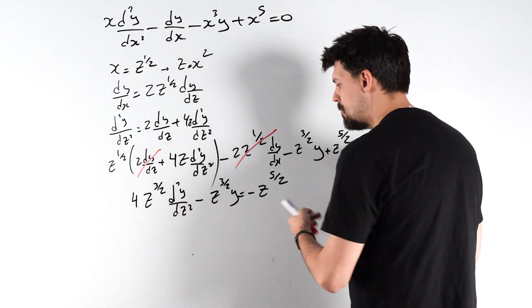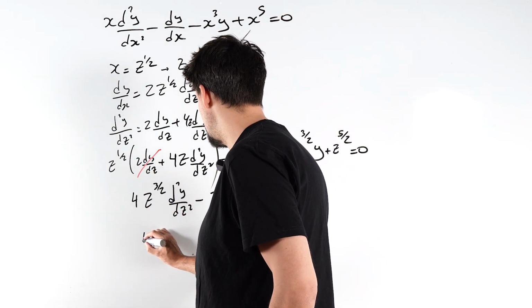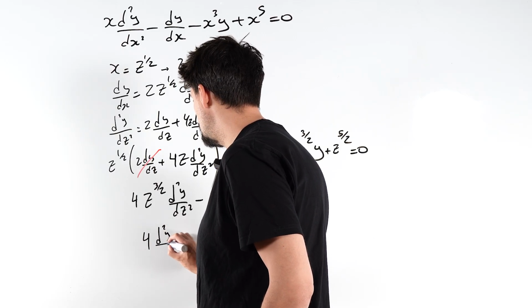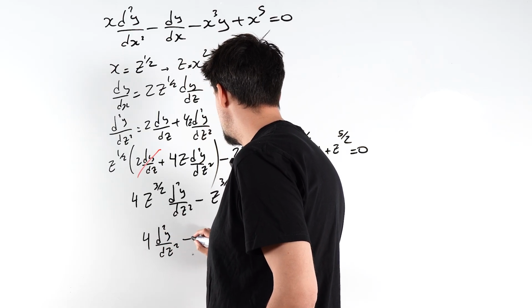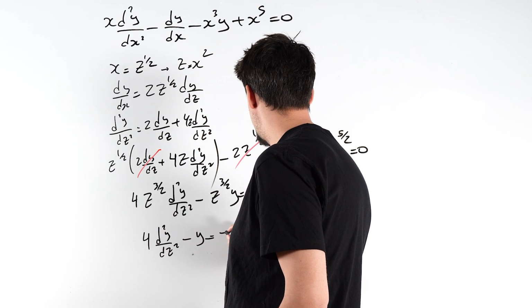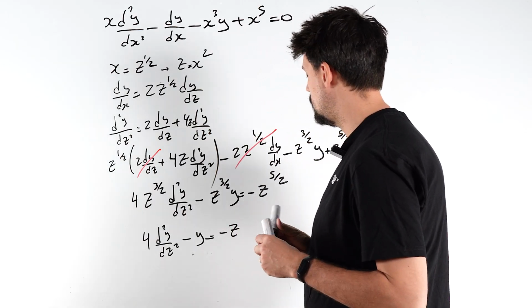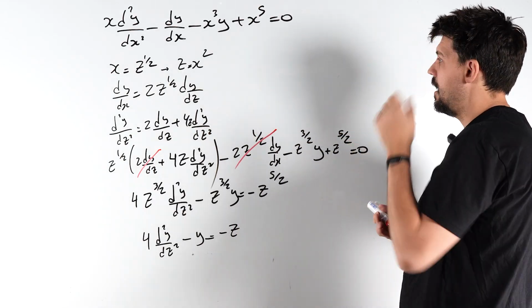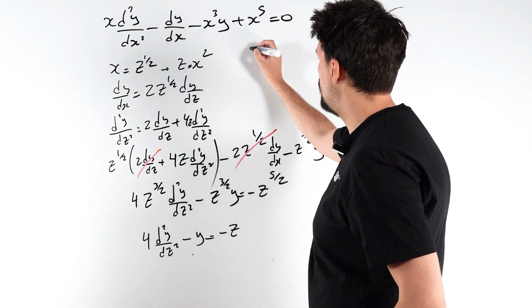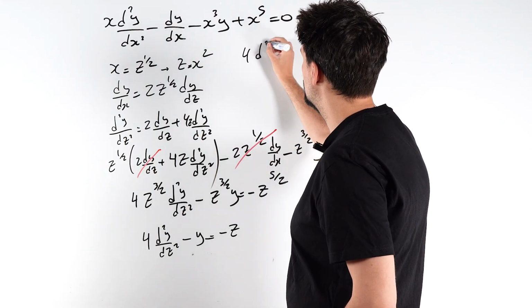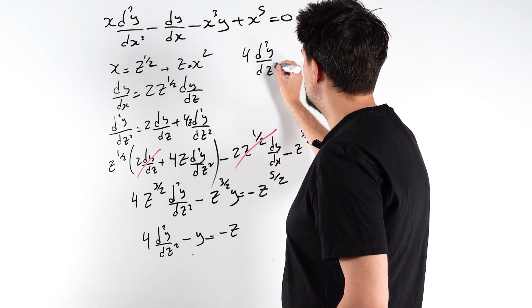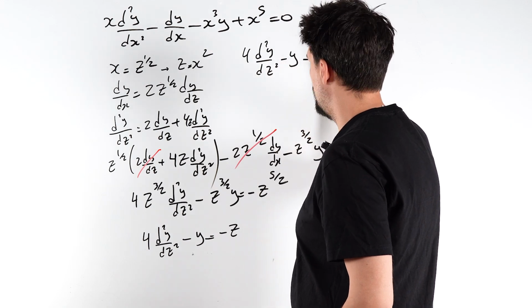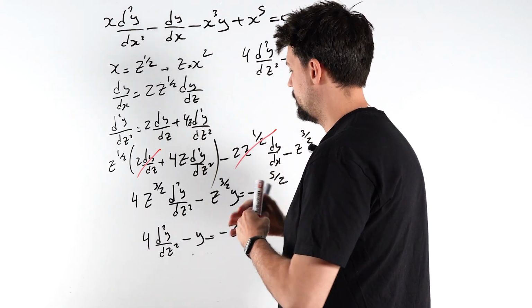Now I can divide everything by z to the 3/2, so that gives me 4 d2y/dz squared minus y is equal to minus z. Isn't that nice? So let's pop that back up here.